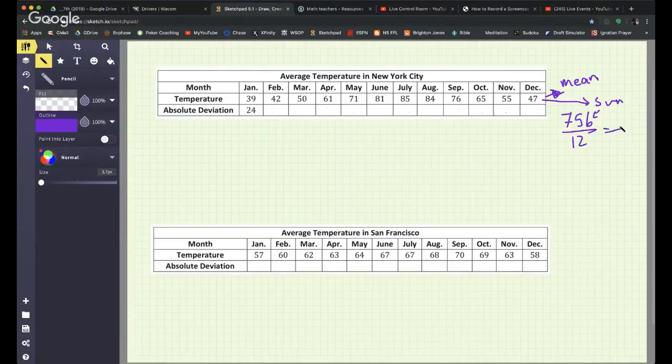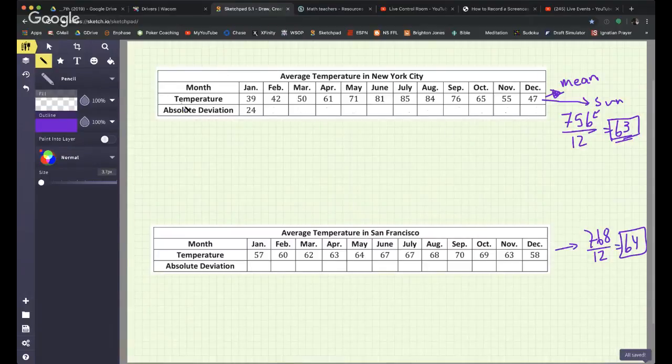If you do this on a calculator, you get 63 degrees. So that's my mean. Or in San Francisco, the sum was 768. And if you divide that by 12, you get 64. So the means were almost the same.